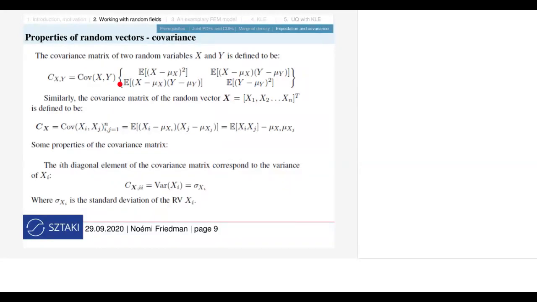Something that's important to note is that when I have several random variables, for example, different compressibility values at different mesh points, then there are not just random variables defined at a certain point, but there's also a covariance function which describes this random vector, which you cannot ignore.